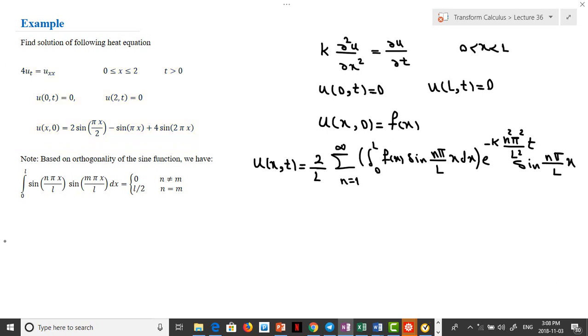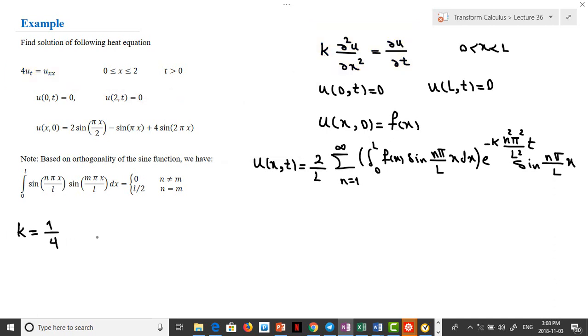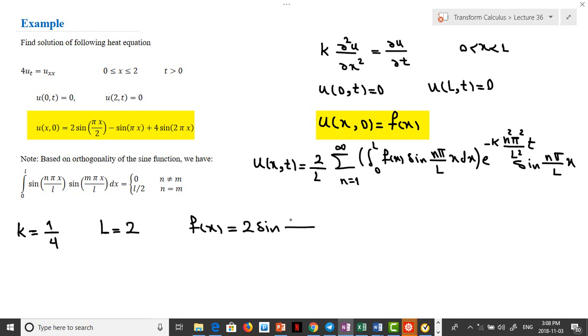If I compare it with the example that we solved in the last lecture, we can see that in this case k is equal to 1 over 4, and L is equal to 2, and f of x is equal to 2 sine pi times x over 2 minus sine pi x plus 4 sine 2 pi x.